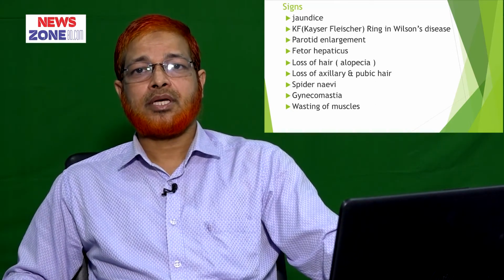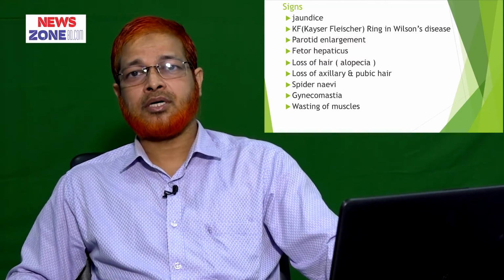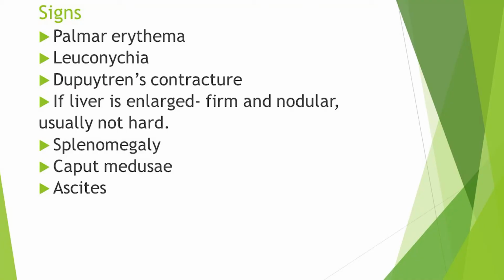Other features include spider nevi, which are usually seen in the upper part of the chest. If we see the hand of the patient, there may be palmar erythema, leukonychia, and Dupuytren's contracture. These are features of cirrhosis of liver. We can examine the abdomen: abdominal swelling caused by fluid, that is ascites, and splenomegaly.